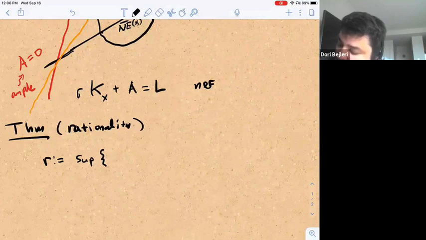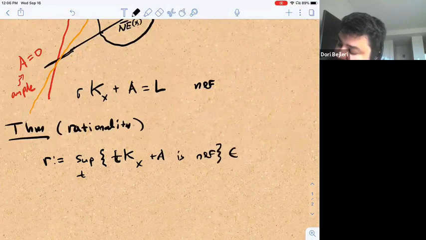So the supremum over all t such that tK_X plus A is Nef is actually a rational number. So that's the first key theorem.